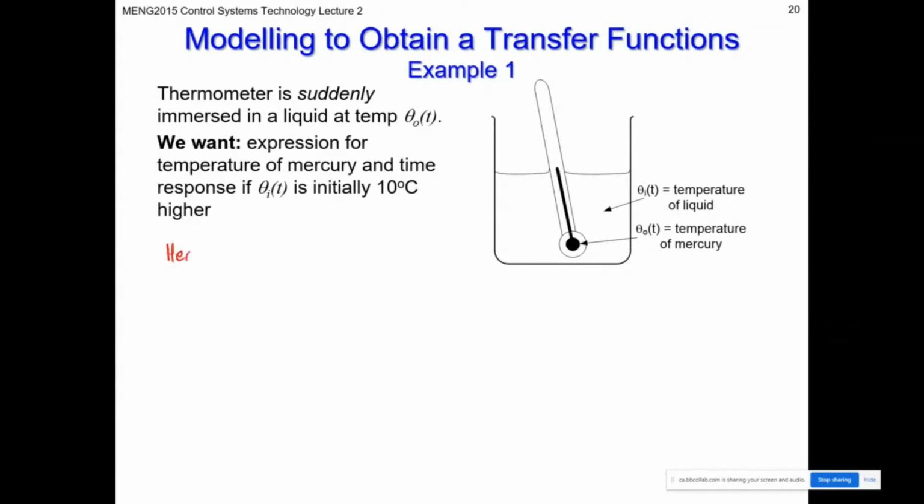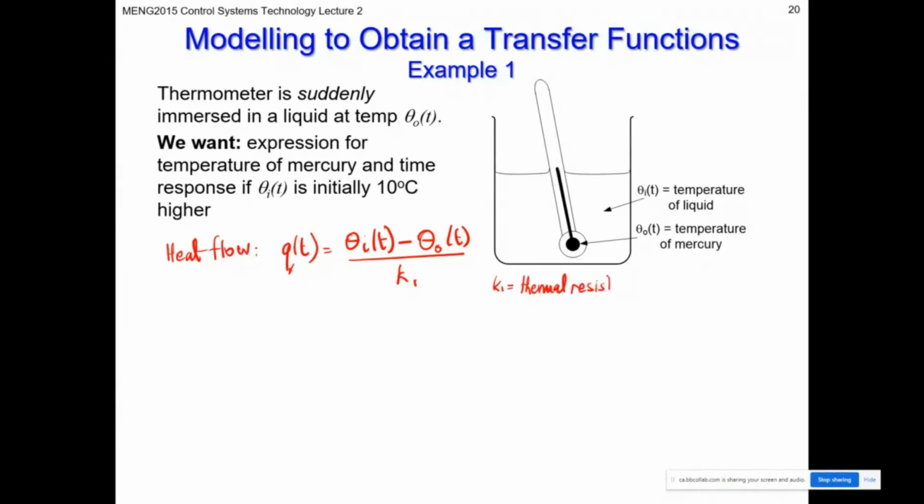So if we take heat flow, then we can say our heat flow Q of t is going to be a function of our input, which is our liquid temperature, minus our output, which is our mercury temperature, divided by some constant K, and that constant, we'll call it K1, equals the constant of thermal resistance.